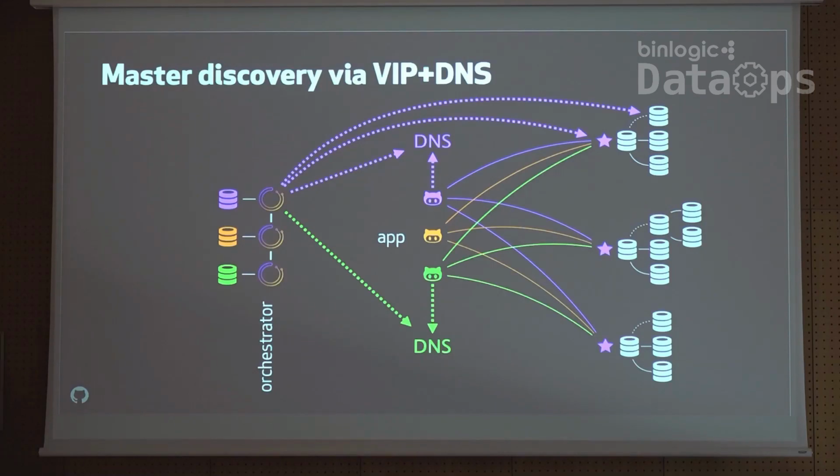Now, the failover flow that we had: orchestrator would promote a new server, and then it would say, OK, now we need to move the VIP from one server to another. Well, old master, can you please give up your VIP? Is that a fair request? There's a problem on that server, right?